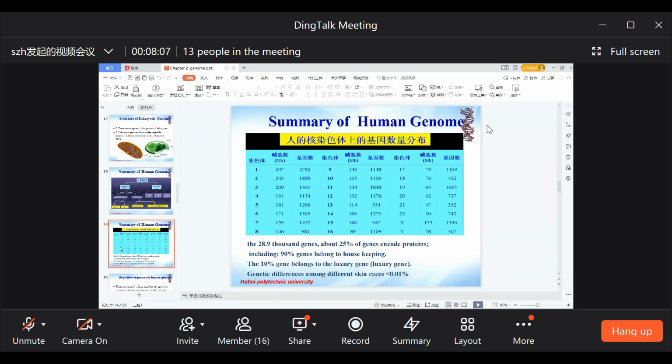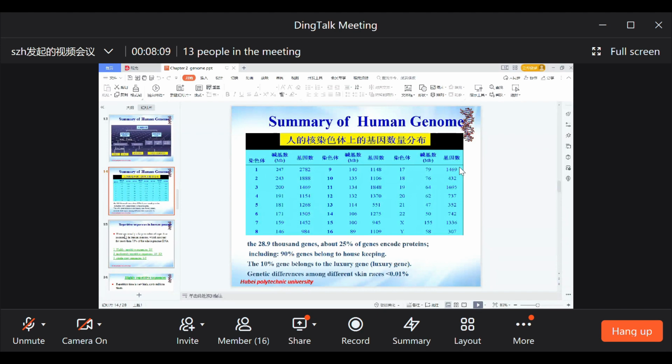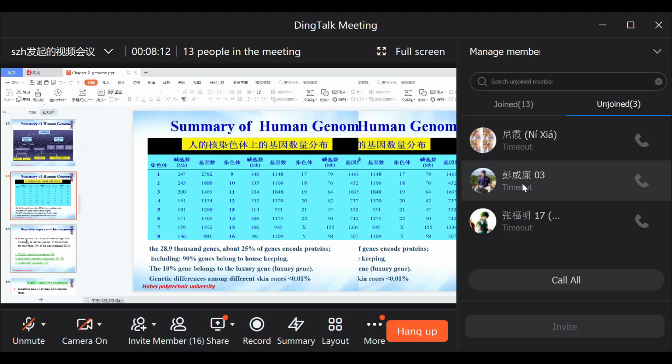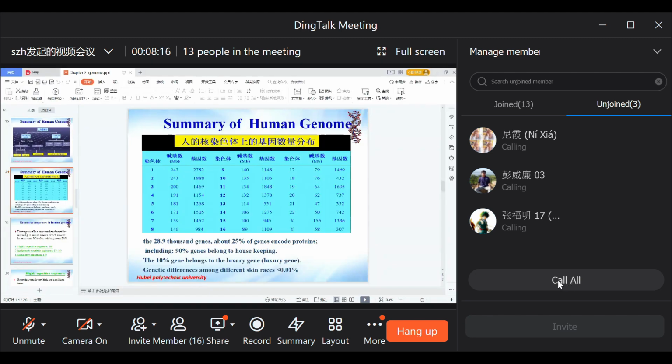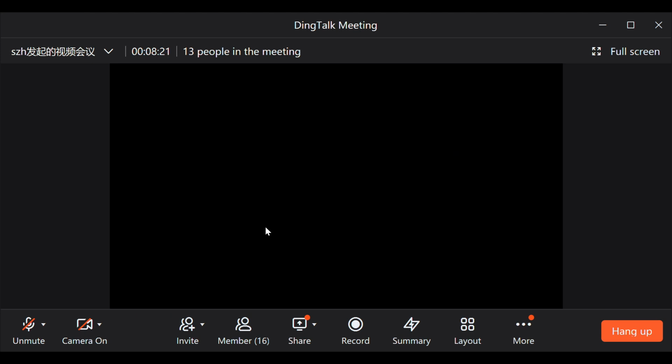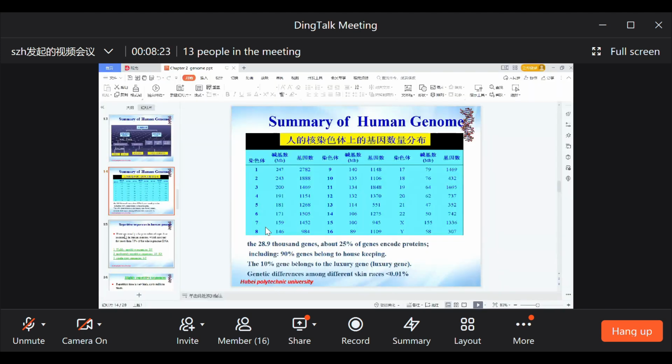And as I explained, most of the DNA molecule forms the middle and highly repetitive sequence. Later, we begin to study this part.